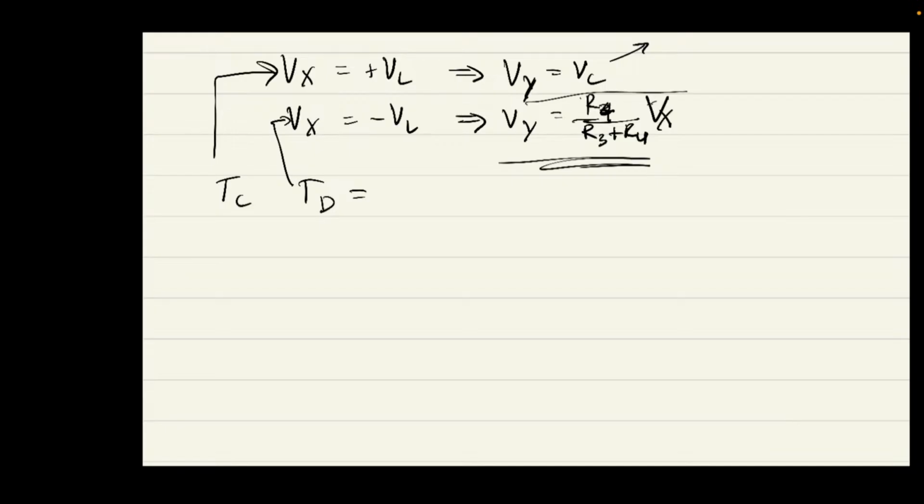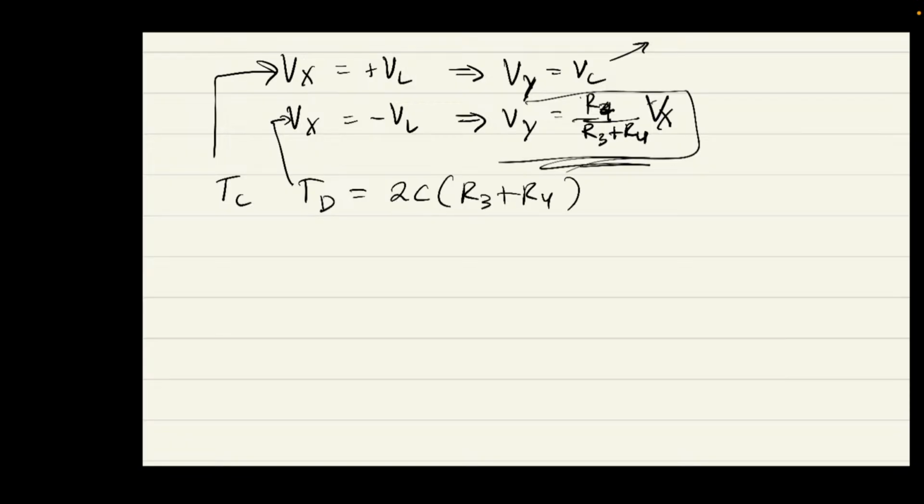Because Vy is the same as it usually would be. So TD is the same as before. Okay, so TD is 2C times R3 plus R4 times R1 on R2, right? So that's fine.